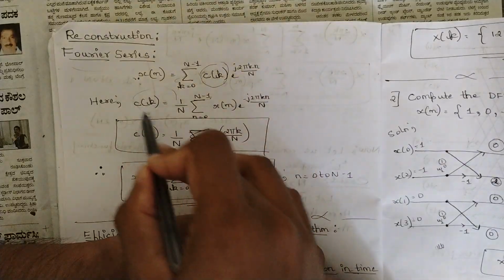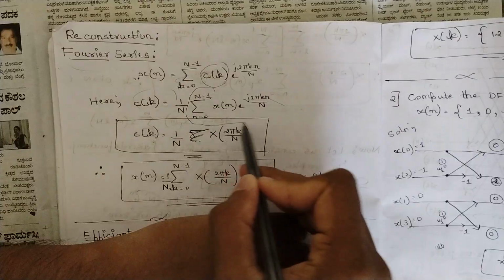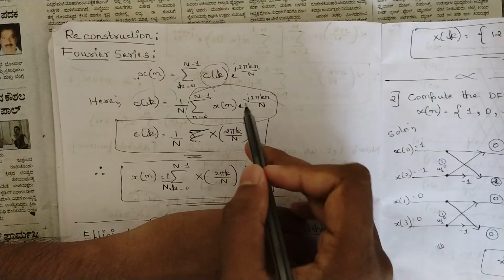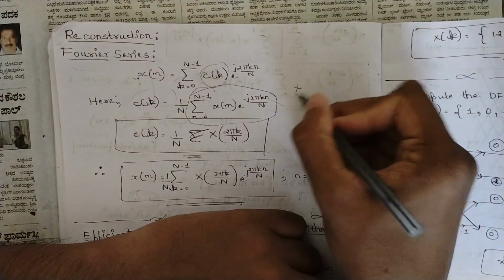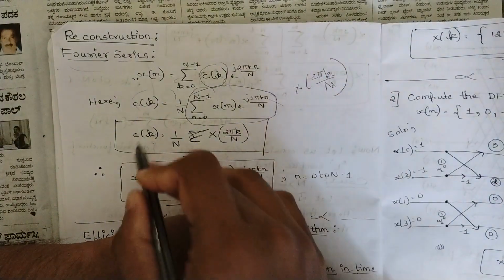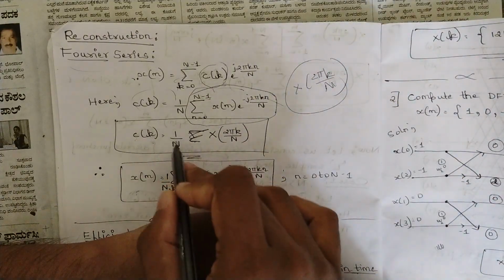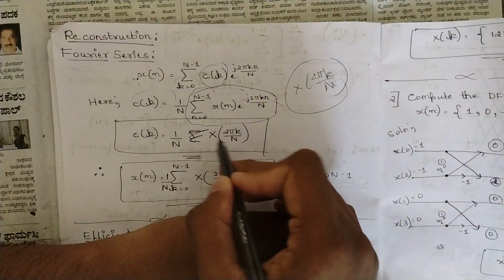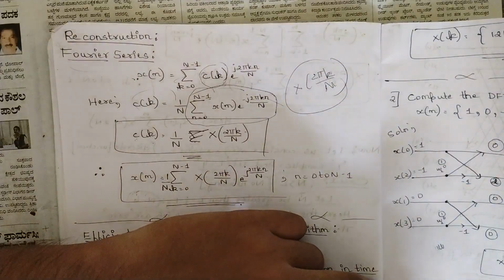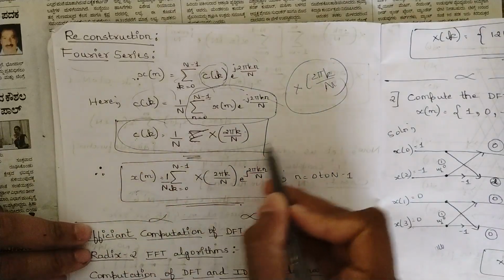Now in this equation, substitute the value we have just derived, that is X of 2 pi k by N, that is the DFT. So in this equation substitute this as the DFT. Then c of k is equal to 1 by N times X of 2 pi k by N, the summation is not there. So this is the value of c of k we got.